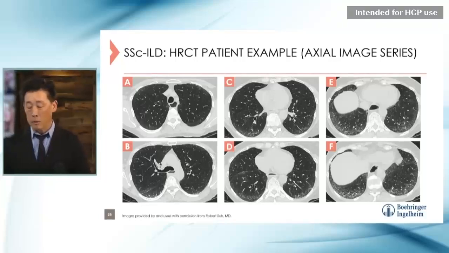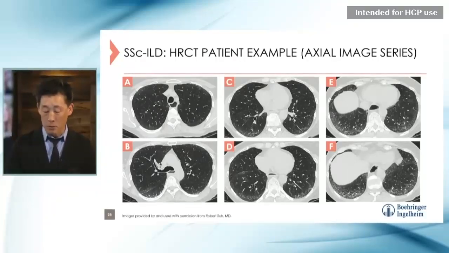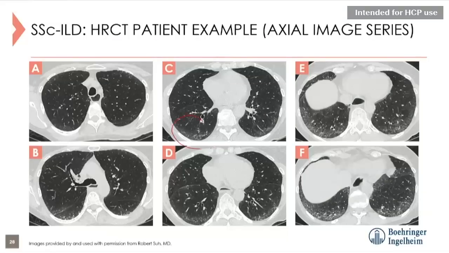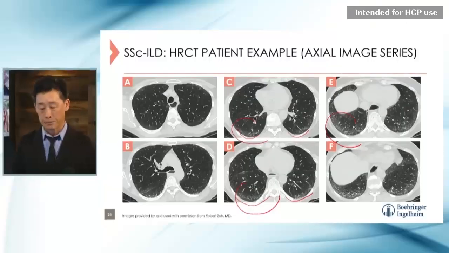What's interesting is that if you look very closely at especially images C, D, and E, at the very outer edges, you see what Juan described as subpleural sparing. When you see this combination of findings, you're thinking nonspecific interstitial pneumonia.